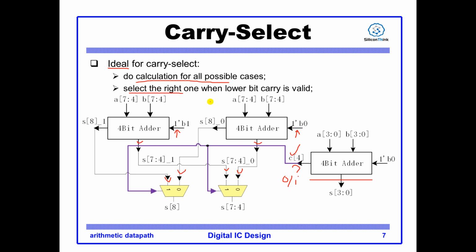So this is the architecture. You can pause the video to have a detailed look at the diagram.